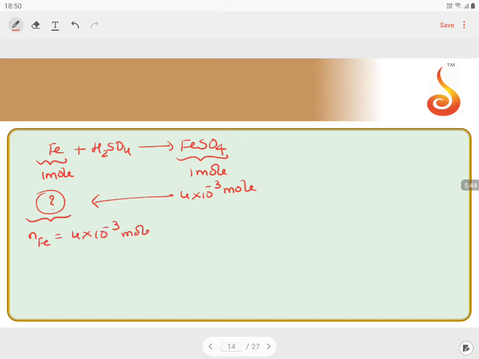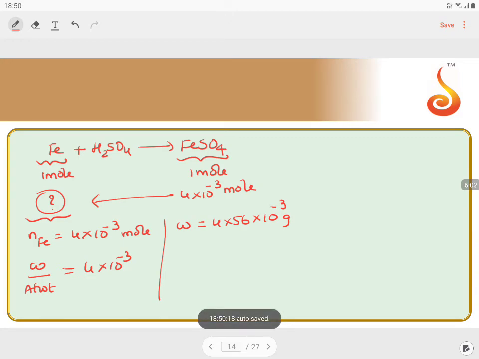Number of moles is weight by atomic weight, so W equals 4 into 56 into 10 power minus 3 grams, which is 224 into 10 power minus 3, that is 0.224 grams.